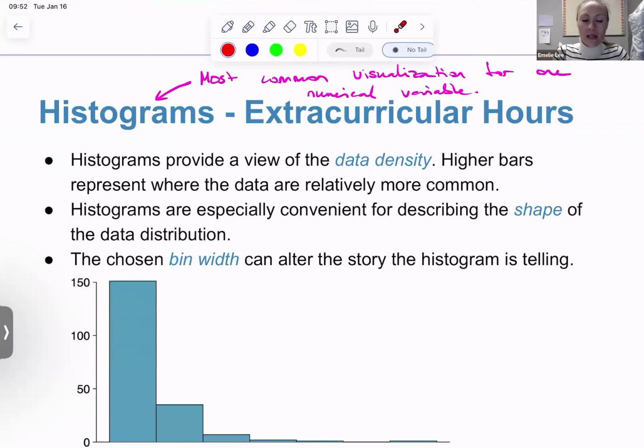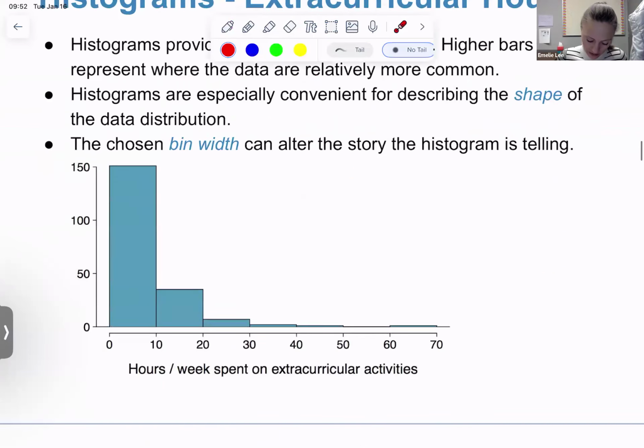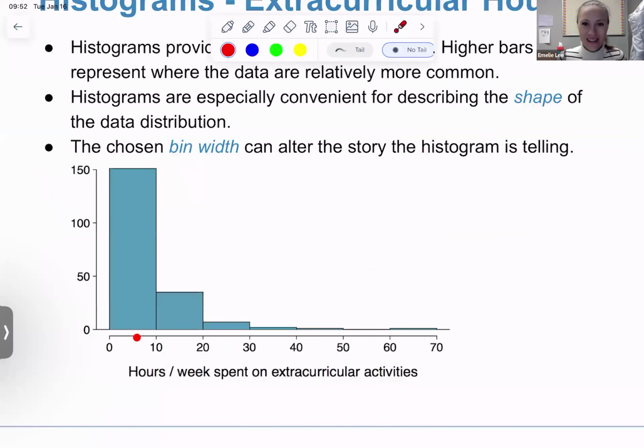Because instead of stacking the dots, what we do is we make bins. So these are bins, and any value between 0 and 10, they're going to get stacked on top of each other, which creates the height of each bar, right?